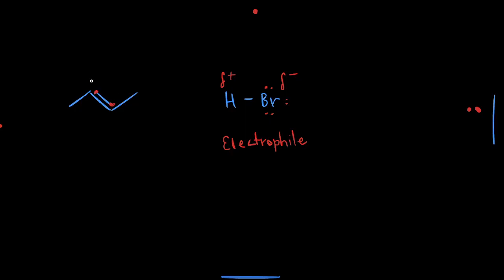These pi electrons are negative, and so these negatively charged pi electrons make this alkene a good nucleophile. So our hydrogen is our electrophile, and our nucleophile is our alkene.